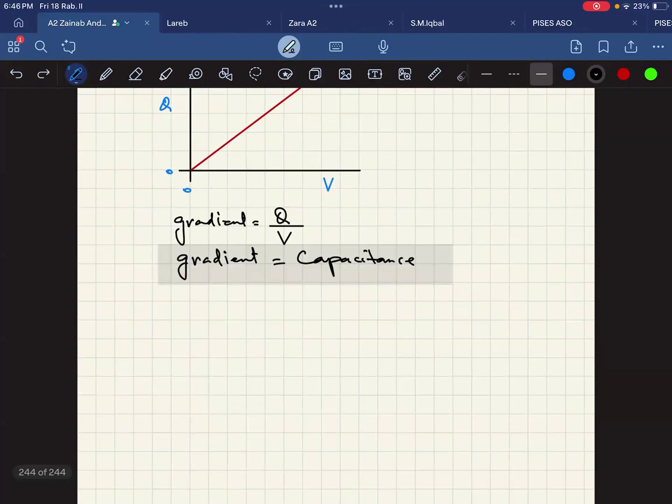Anyways, the second thing is the area under the graph.